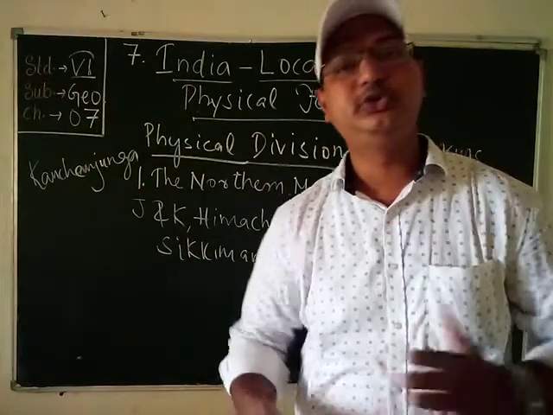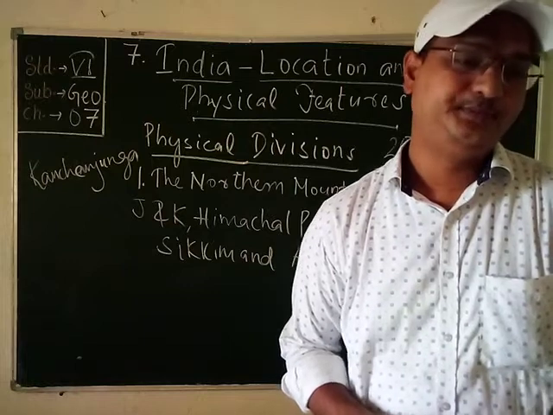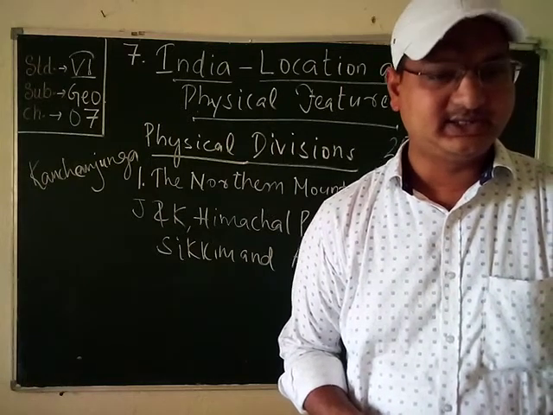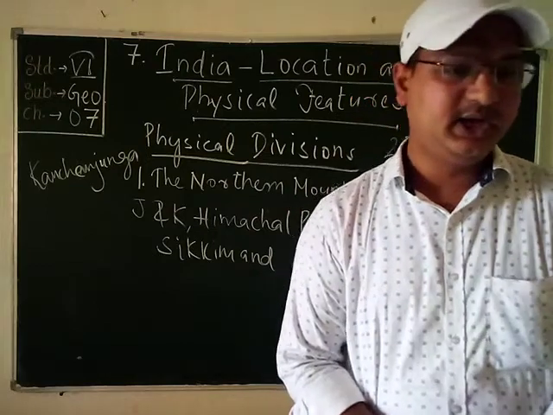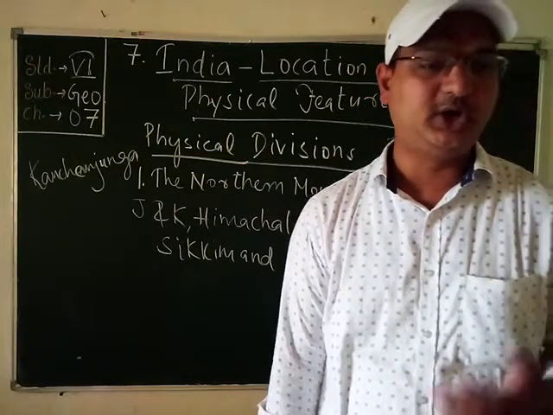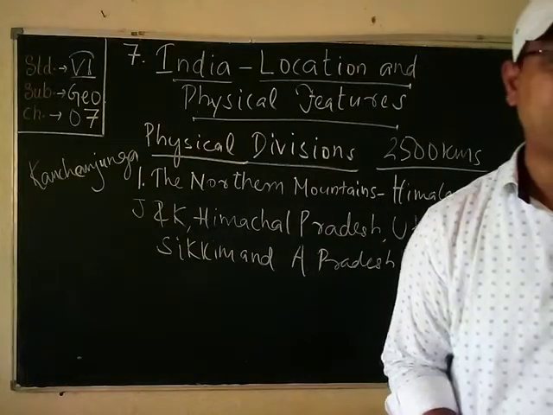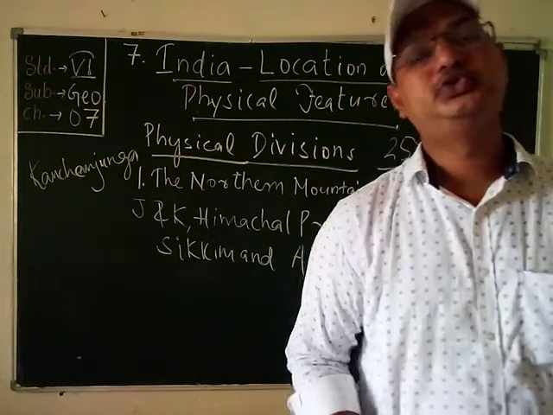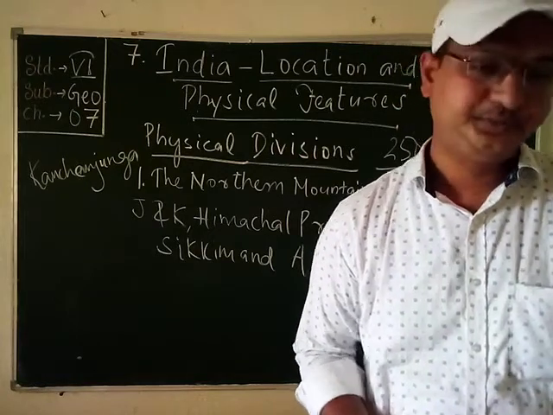Mount Everest is not situated in India, friends, but it is the highest mountain peak in the world. There are numerous hill tracts like the Naga, Mizo, Khasi, Jaintia, Garo hills in the northeastern part of India, with an average elevation of 1000 to 2000 meters. Students, these are the hill tracts, means small hills.